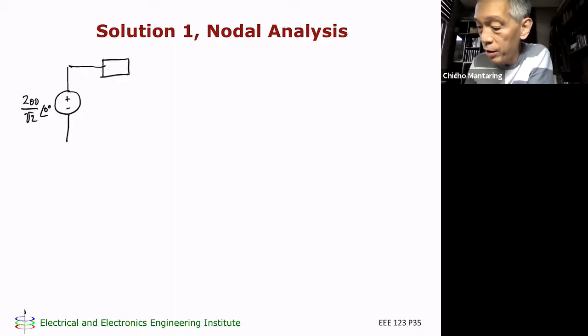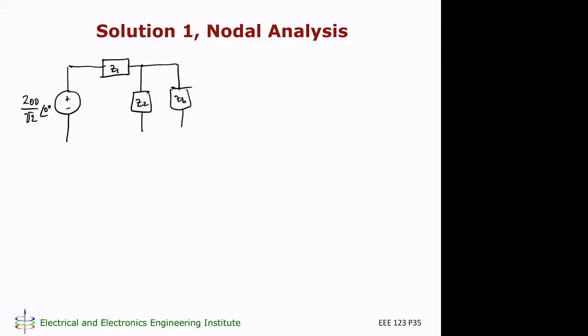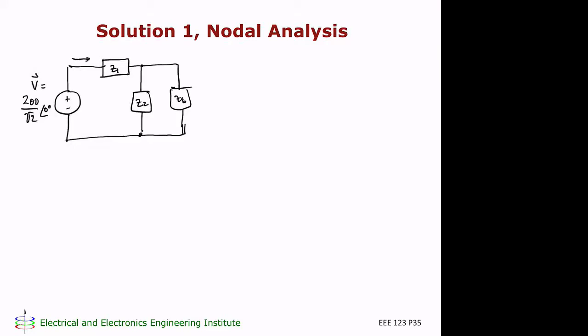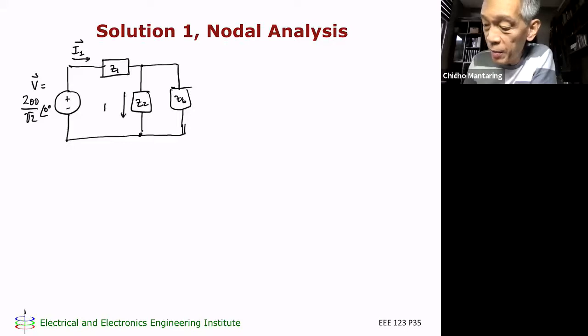I'll just label them Z1, Z2, and Z3. Okay, so this is V. This is my phasor I1, this is my phasor I2, and this is my phasor I3.